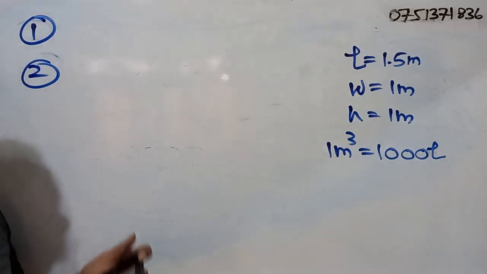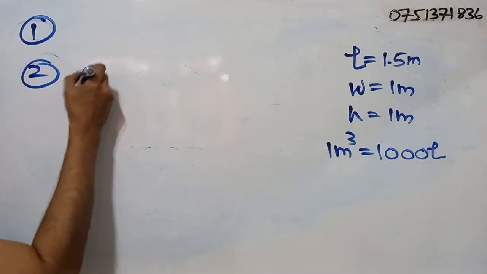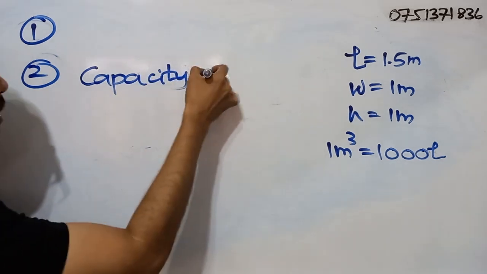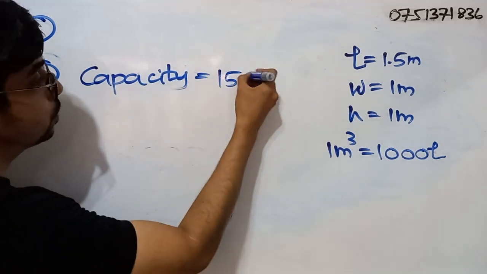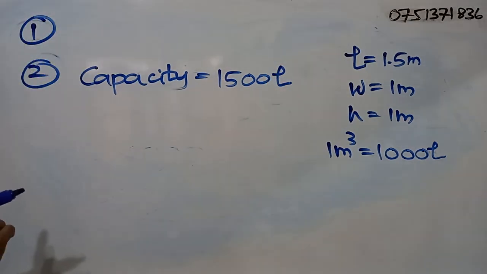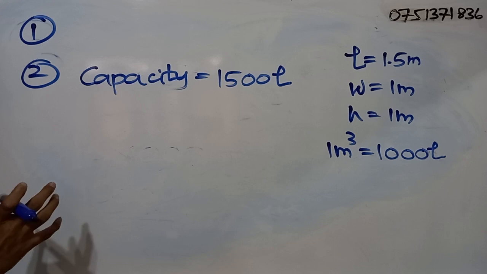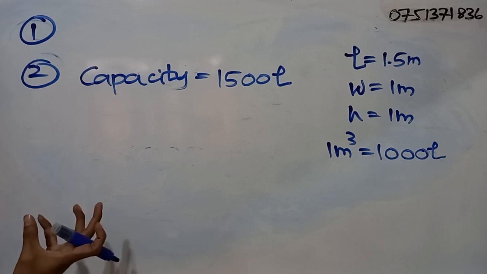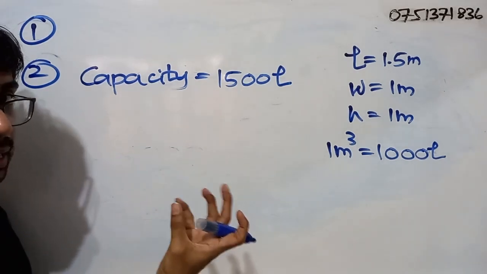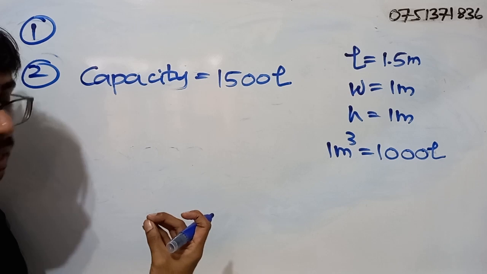Part 2. If the residents use 300 liters per day, for how many days will a completely filled tank be sufficient? So capacity is what? We have calculated it. So that is 1500 liters, no? If we consider one day, the residents use 300 liters. So what do we have to do? If the residents use 300 liters per day, right?